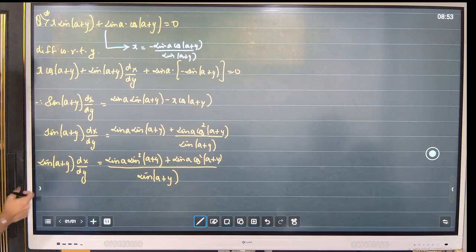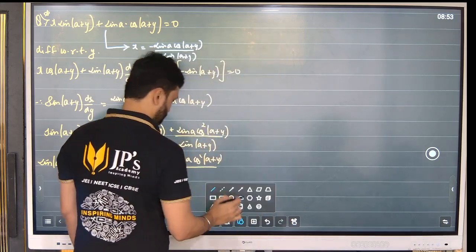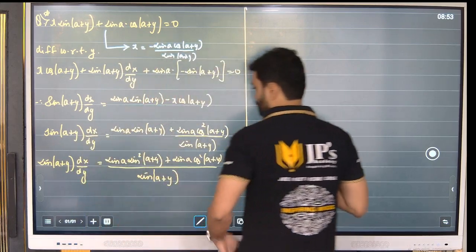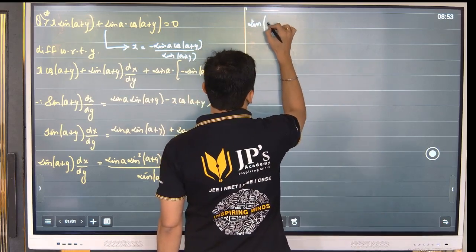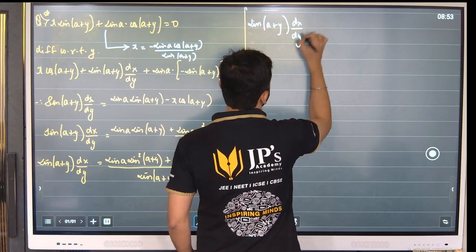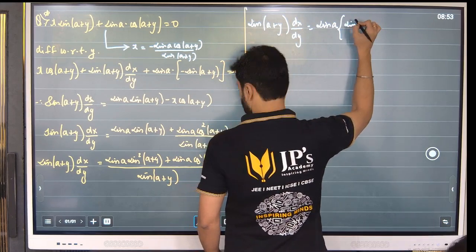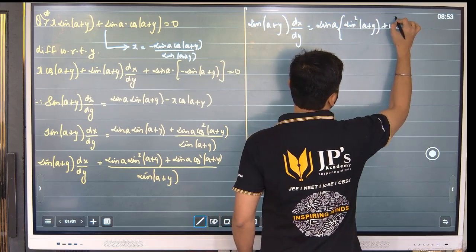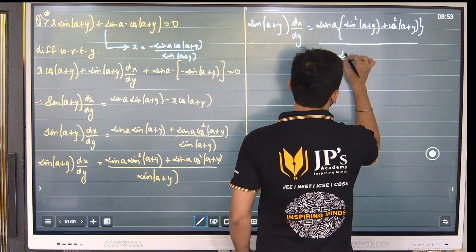Now if I solve this in the numerator, I will take sin a common. I am left with sin squared(a + y) plus cos squared(a + y), the whole upon sin(a + y).